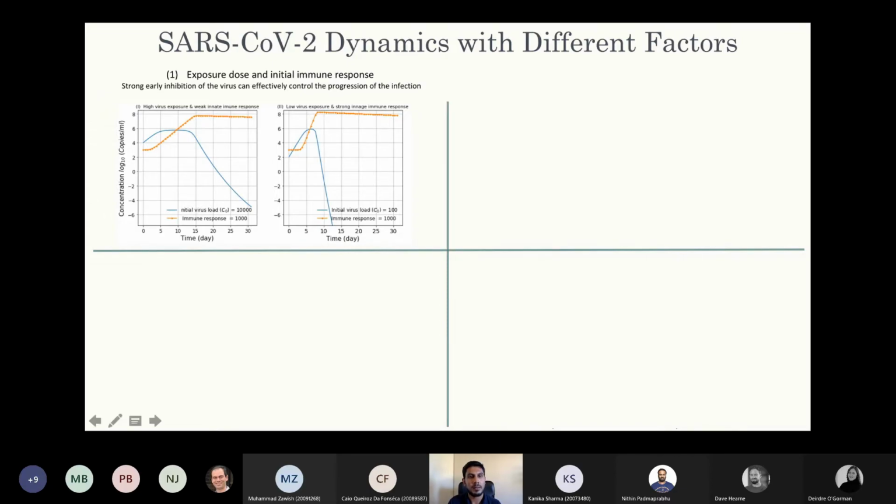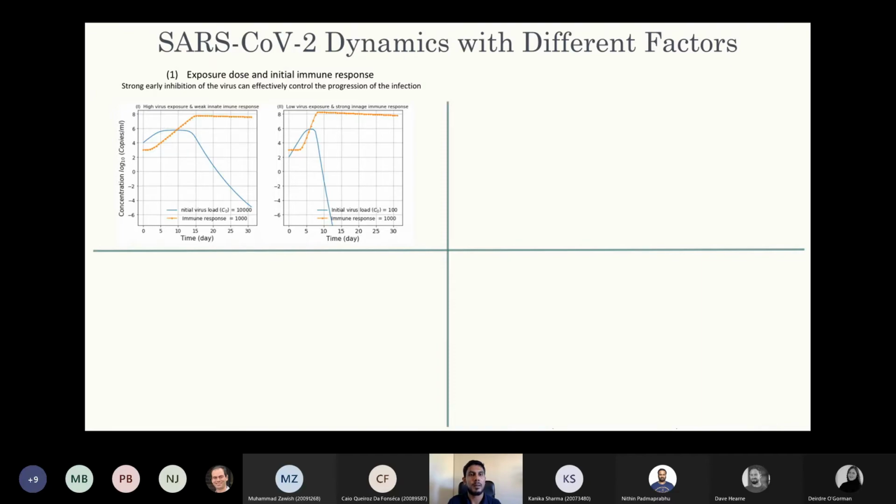Whereas in the second case, compared to the amount of virus we get in contact with, we have a very strong immune system. Although initially the virus concentration increases, it suddenly decreases in a short period of time, due to strong immune response.